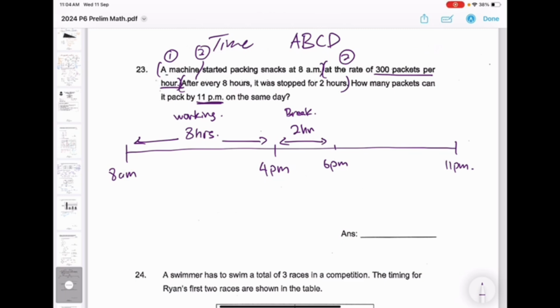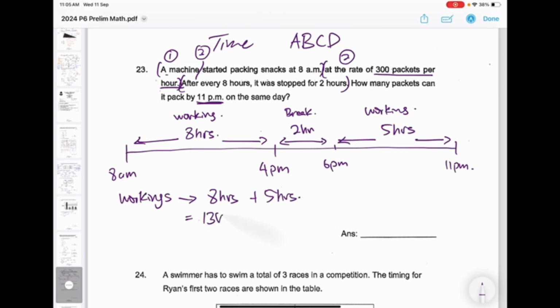And then from 6 p.m. all the way to 11 p.m., we have a duration of 5 hours, and this too is working. From our timeline, you can see that the working hours of this machine is 8 hours plus 5 hours, and that would give me 13 hours.